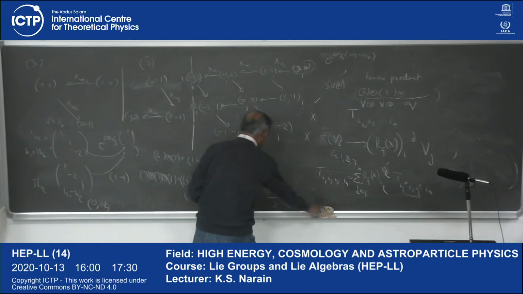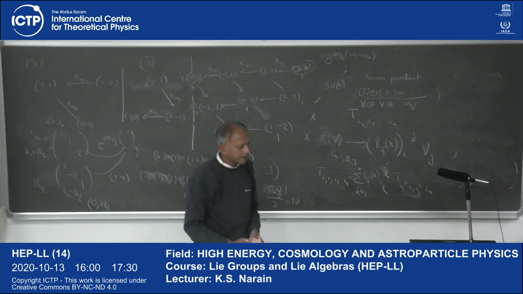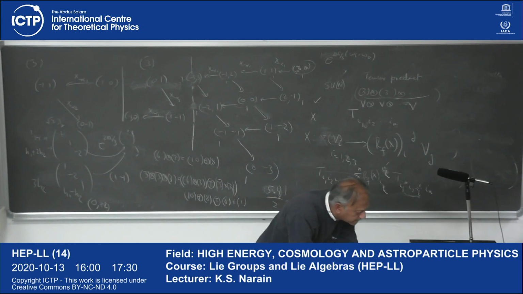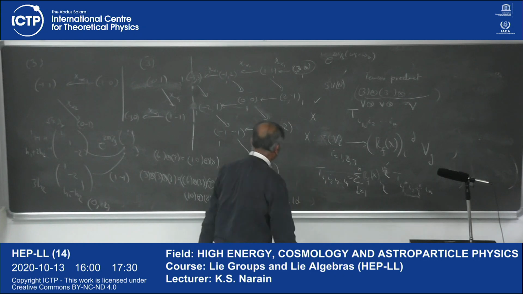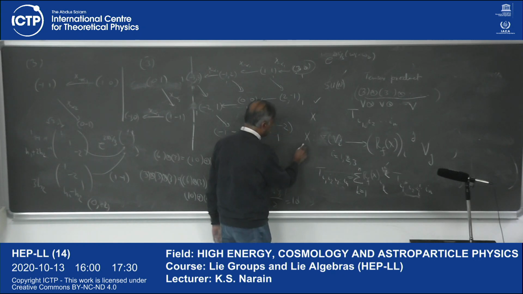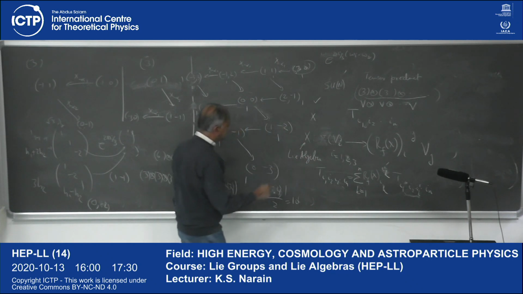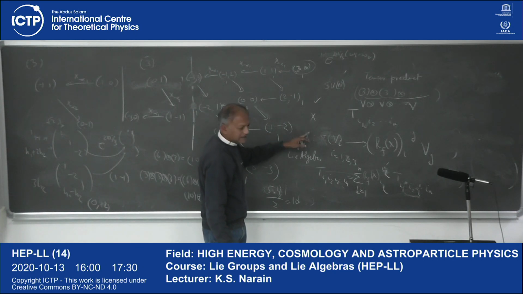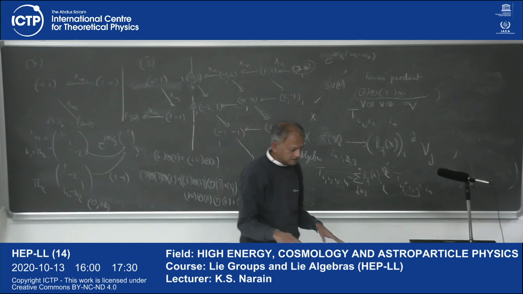Professor, X is an element of the Lie algebra, right? Yes, X is in the Lie algebra, the infinitesimal generator. The notation is always that capital X, capital Y, etc. will represent Lie algebra elements.